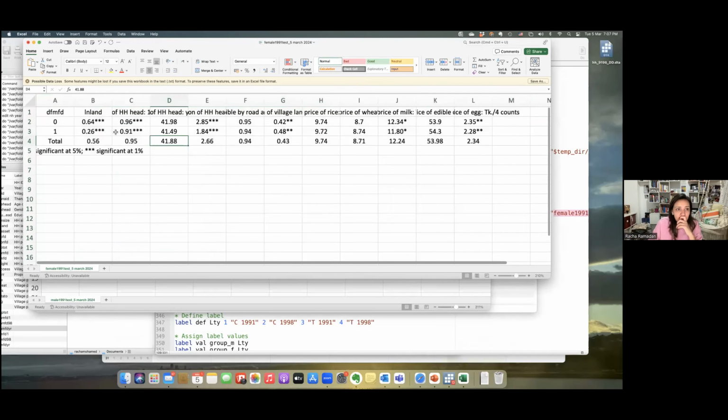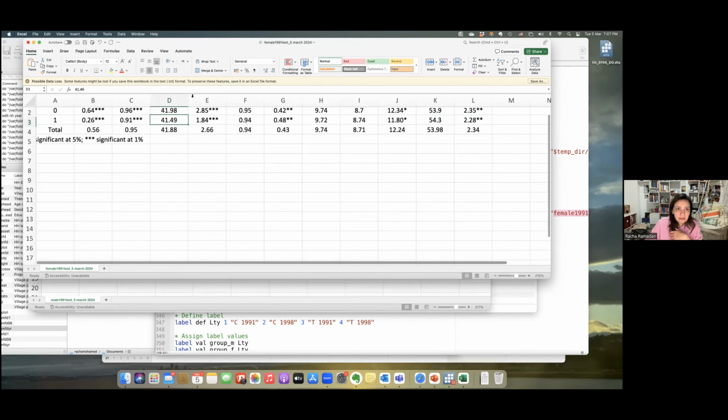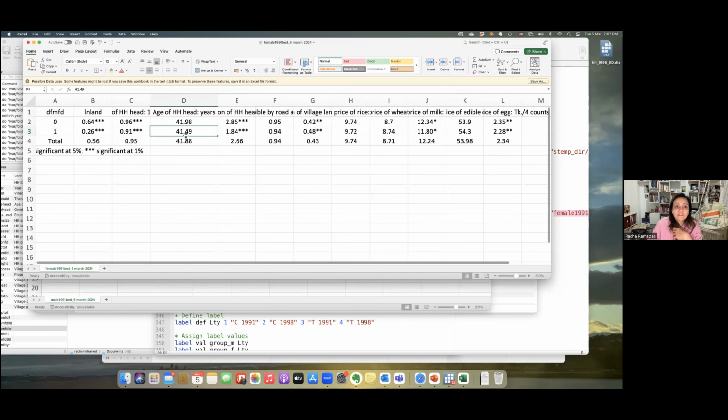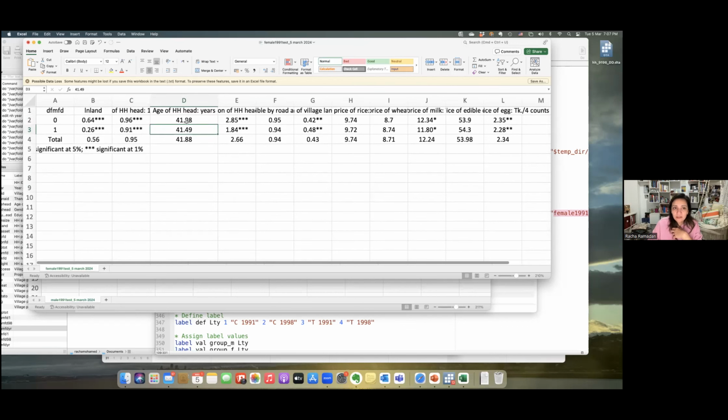Same thing, we observe that the treated group has less land, which is expected given that the criterion for being selected into the program is having less land. For female-headed households, there is no difference here. There is no difference in age either; the age is not significantly different between the two groups.